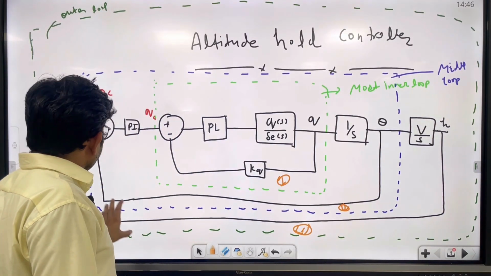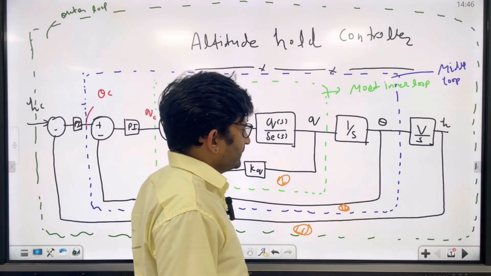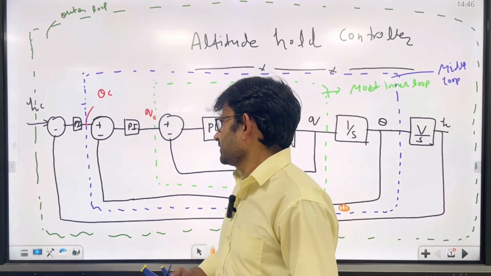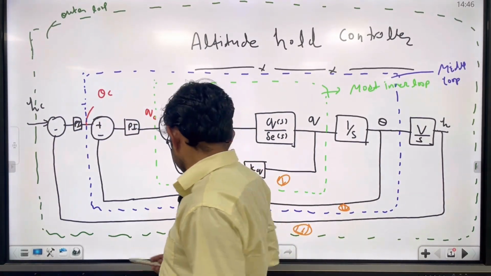Okay. If you have any question related to this loop, and one more thing I will try to explain here: I am not including any kind of disturbance. See, there is no disturbance in any of these summing junctions, right?